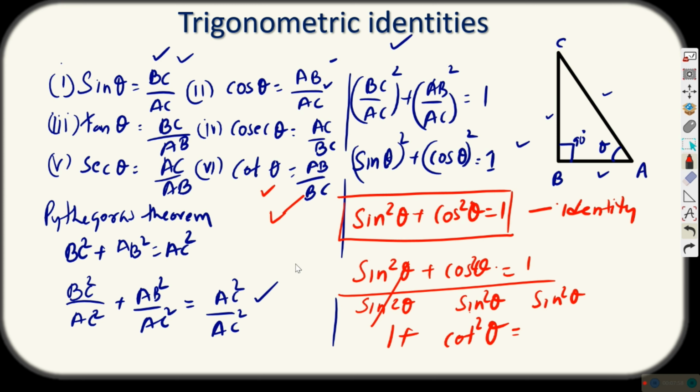1 upon sine square theta. Just now you understood that 1 upon sine theta is nothing but cosec theta. So we will write cosec square theta. All these relationships should be very thorough and clear with you.